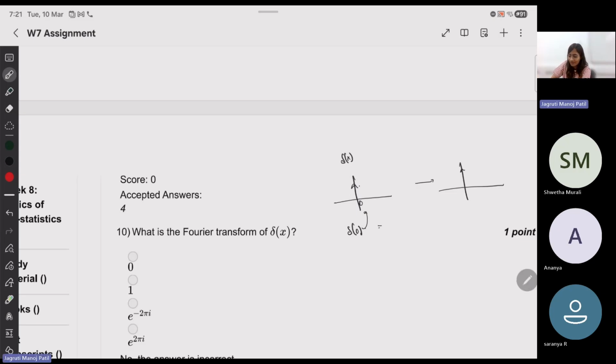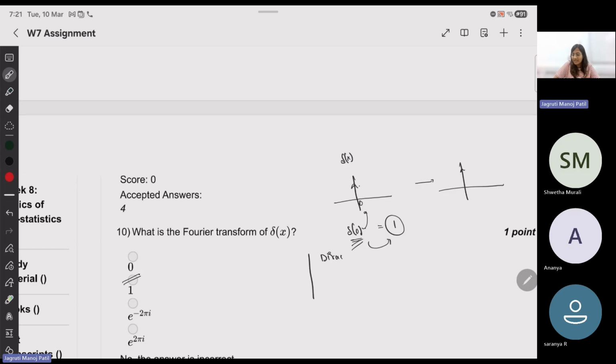So for delta of x, your Fourier transform always gives you a unit. It won't ever be a function because it's only valid at that point where you're looking, but the amplitude for the function can be ever growing. It's like an infinitely growing function, but in real life we evaluate it as one. So that's unity. Okay. Simple functions that you need to remember can be something as delta.